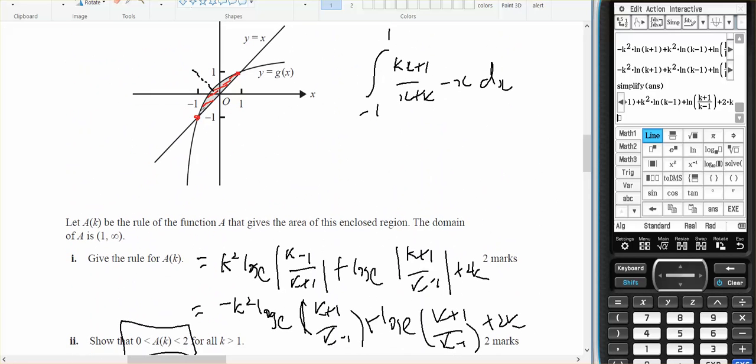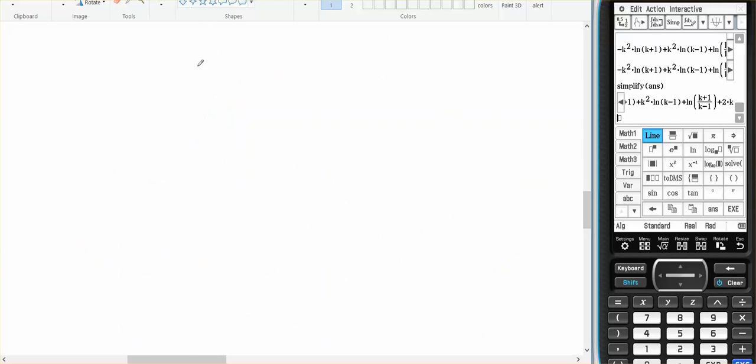Okay, when the value of k gets really small, then my area is going to be approaching 0, and when k brings the area right out to here, then I've got this point here, an asymptote and an asymptote.